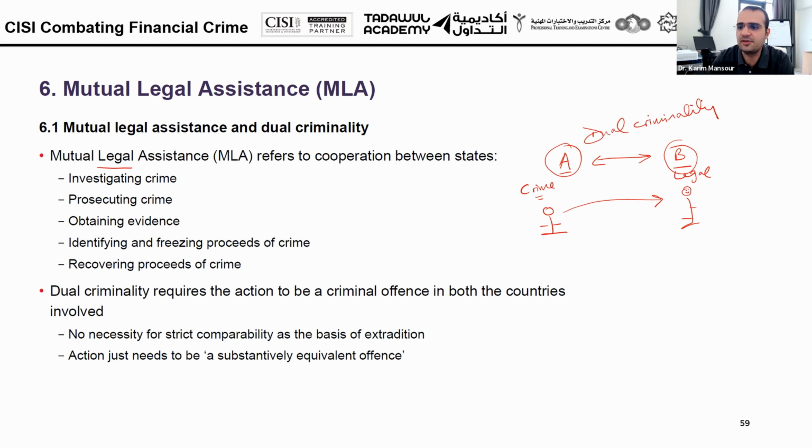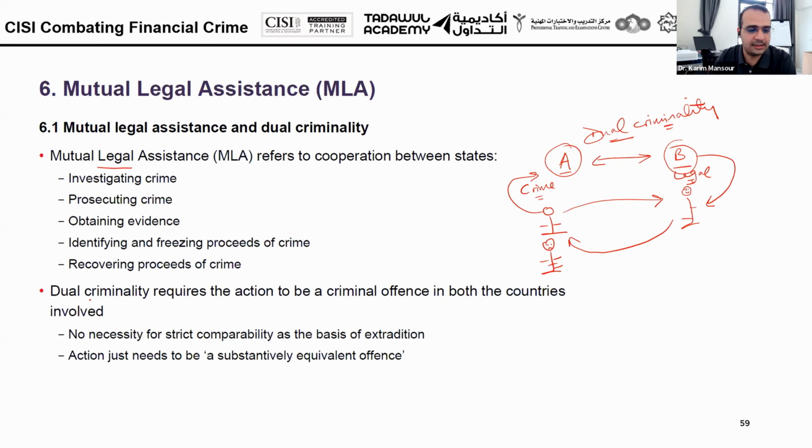That means if he does a crime in A and he escapes to country B, then even if it's perfectly fine in country B, if country A and B have an agreement of dual criminality, then country B will tell him, look, what you did was bad in country A, and country A and us, we have an agreement, so we're going to send you back to them. So they're going to send him back to country A, and he's going to go to jail. Obviously, we are going to give him a sad face.